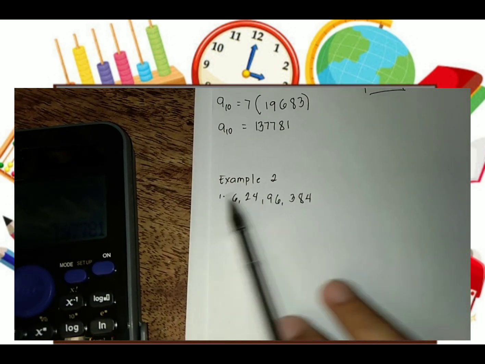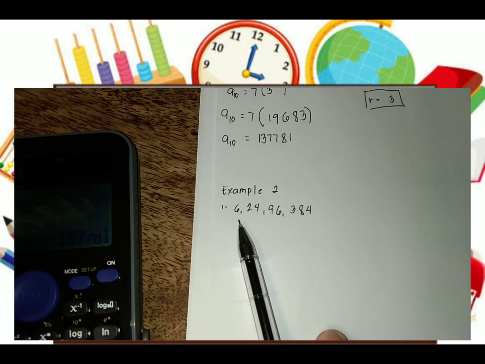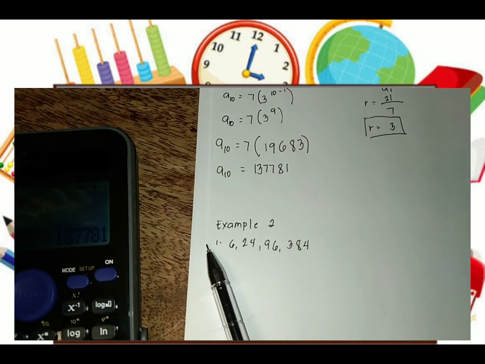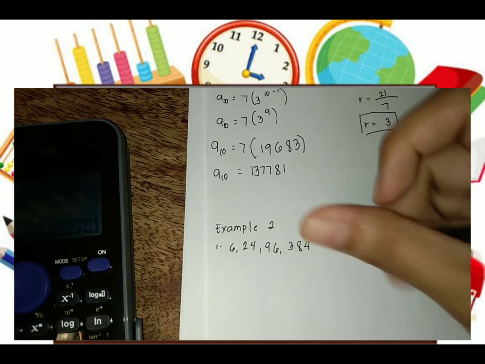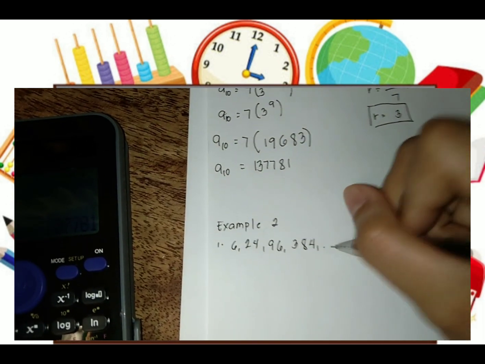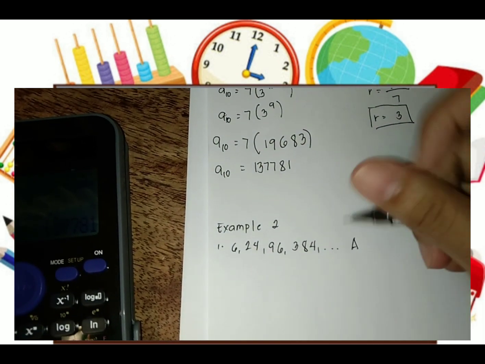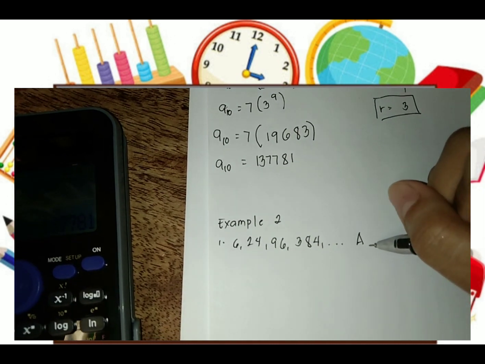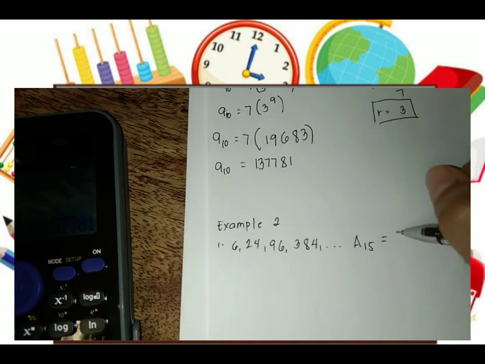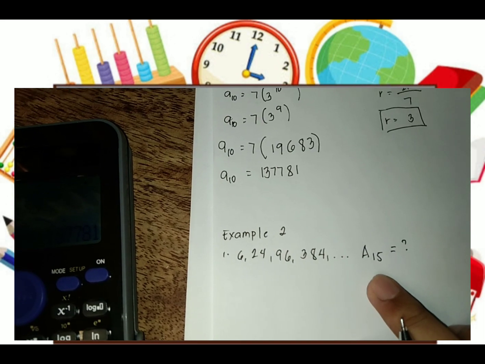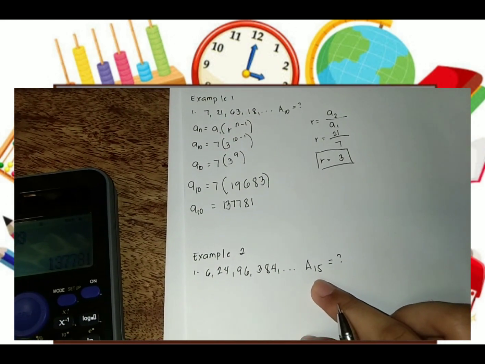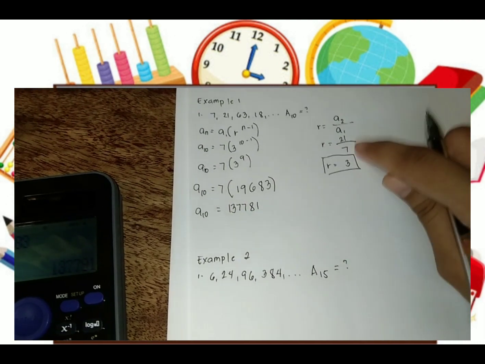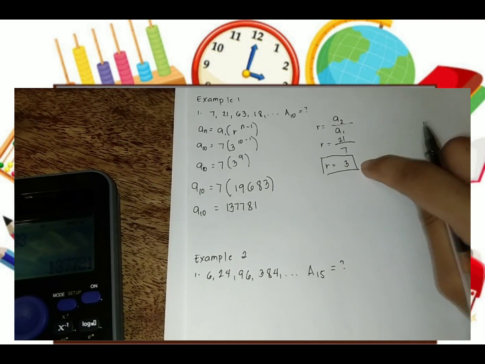Our example number 2 is here. The missing last term is a sub 15. This is the missing last term in our example number 2. First we will find the ratio.